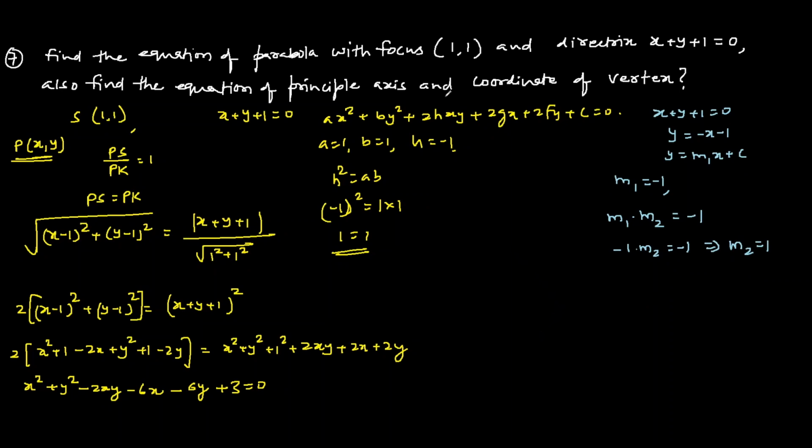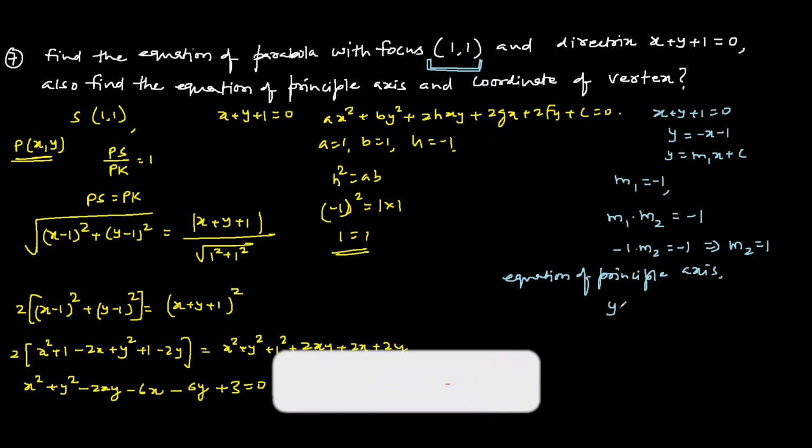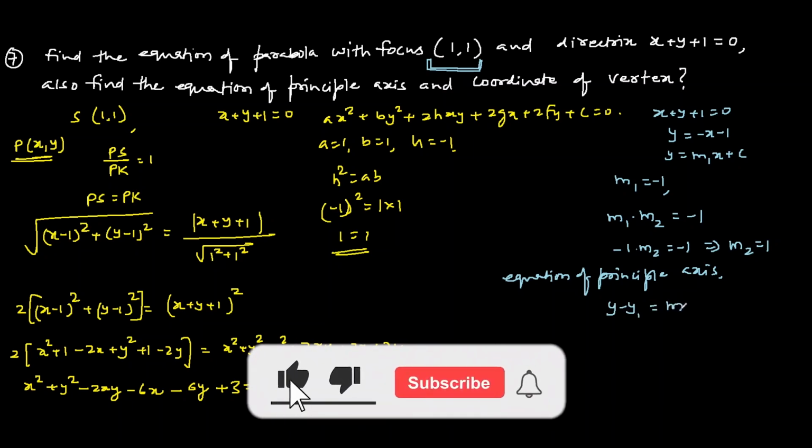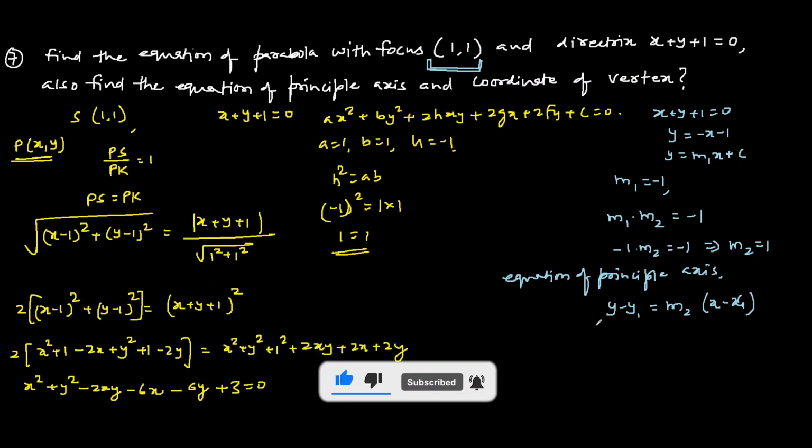And the principal axis should pass through the focus. So we have the slope of the principal axis and a point through which it is passing. So the equation of the principal axis is y - y1 = m2(x - x1), and this point (x1, y1) is (1, 1).